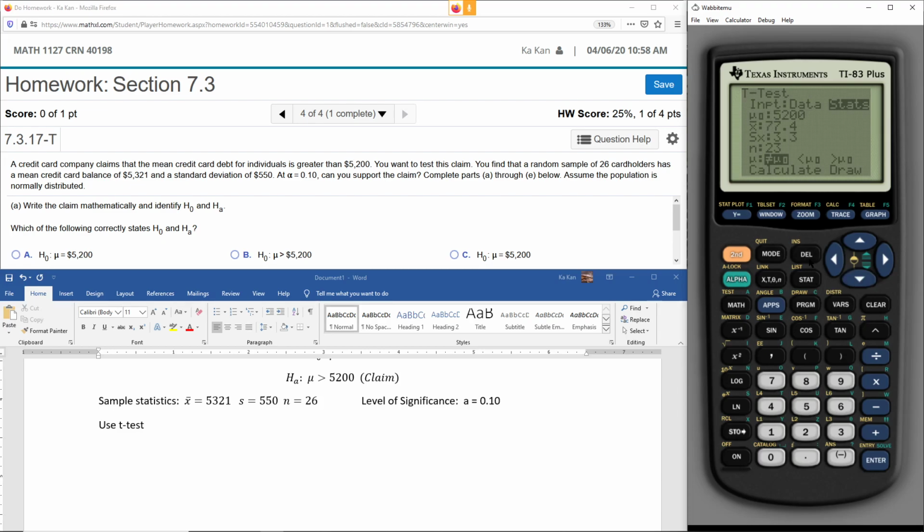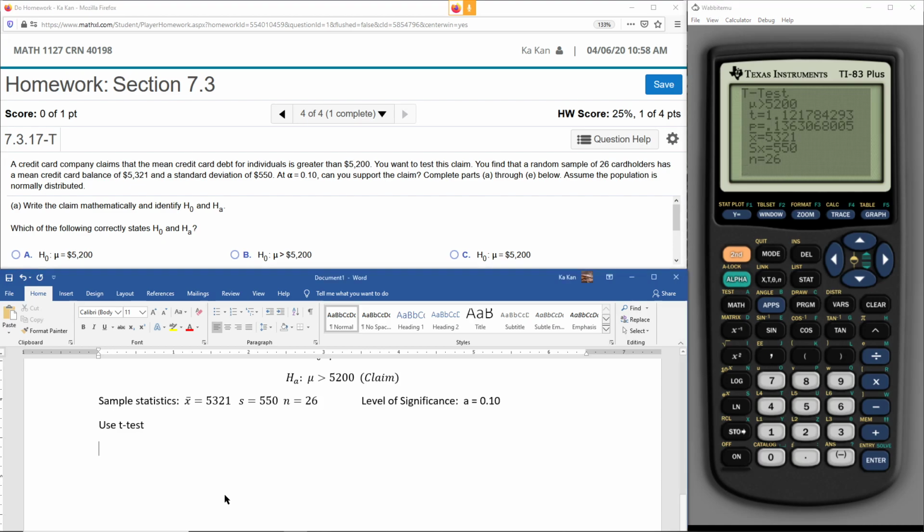The sample mean is 5321. Sample standard deviation is 550. Sample size is 26. And we are doing greater, the right tail test. Calculate.